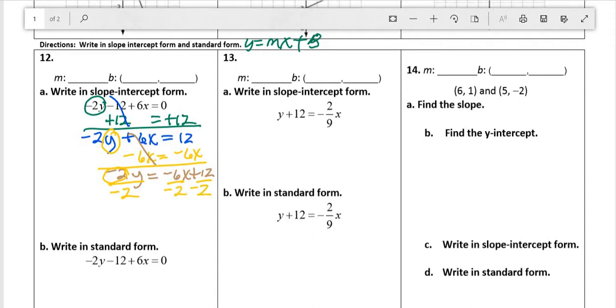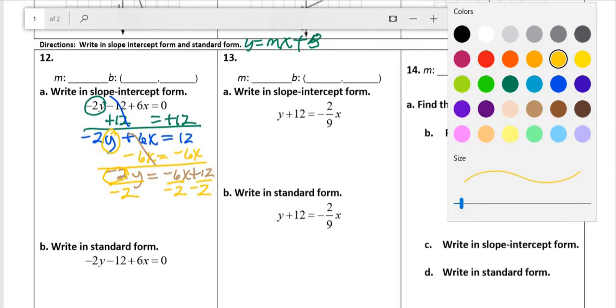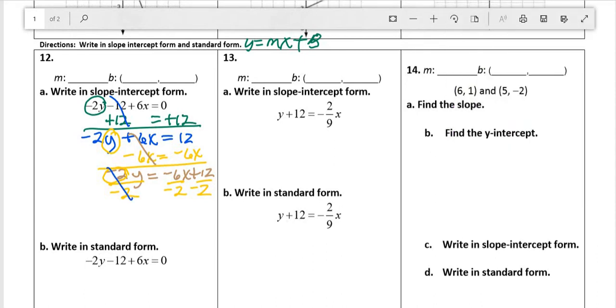This will cancel out and I have y equals -6 divided by -2 is 3x. 12 divided by -2 is -6. So now we have this in slope-intercept form. My slope is 3. My y-intercept is at -6, so that is (0, -6). That gives it in slope-intercept form.